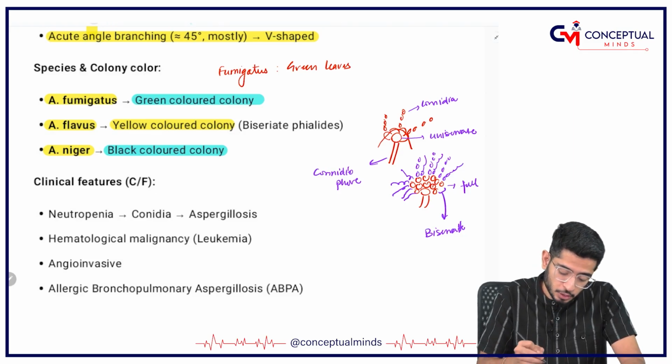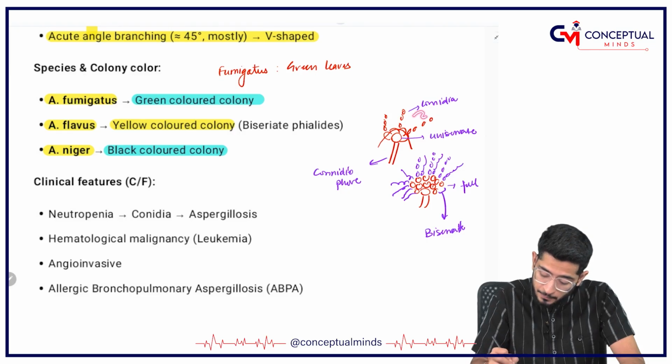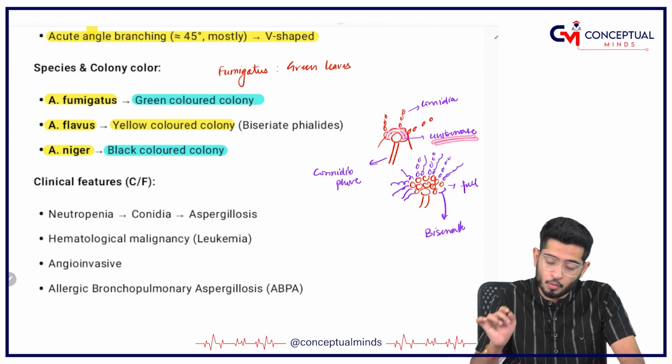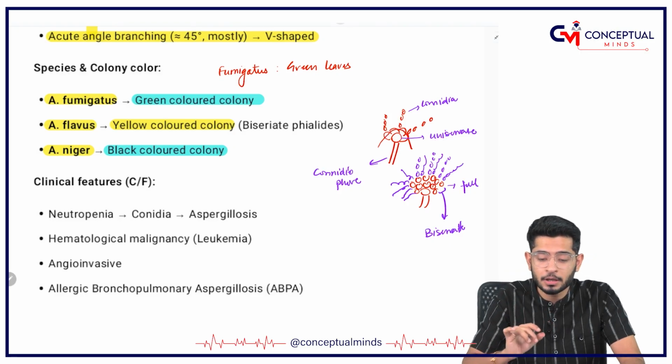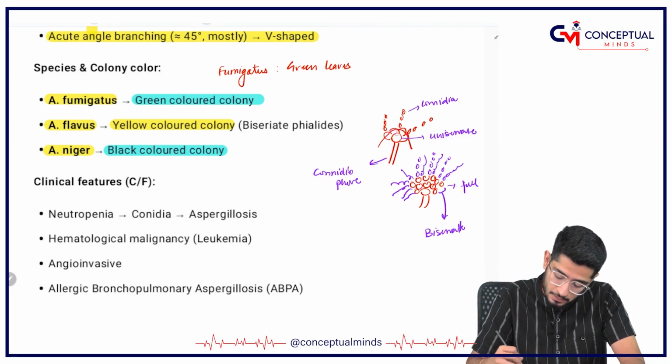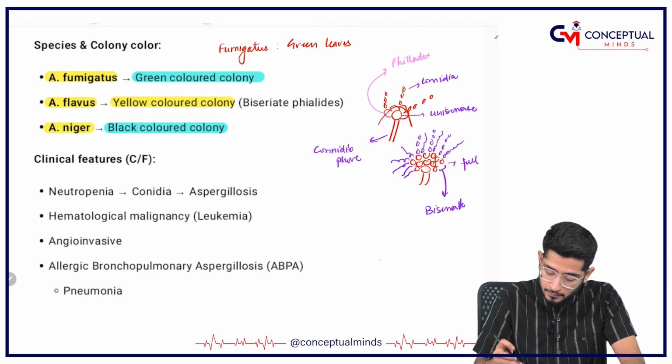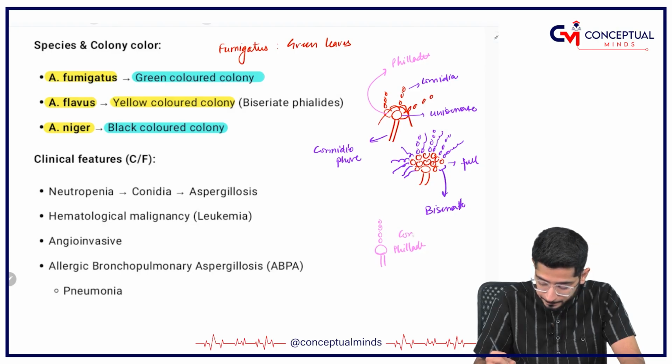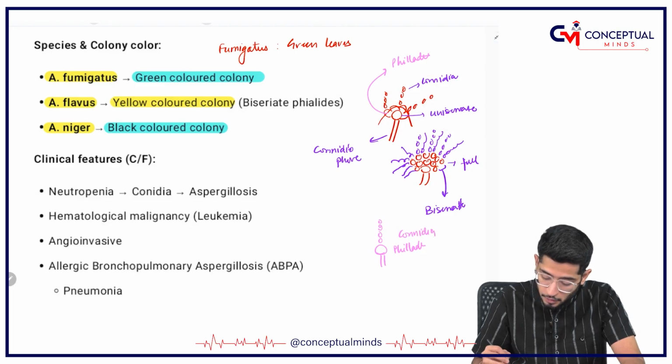If you see the two diagrammatic representations I have tried to show you, here you have the conidia. These are the phialides. Basically you have first the conidiophore, then the layer of phialides, and after that the small conidia.